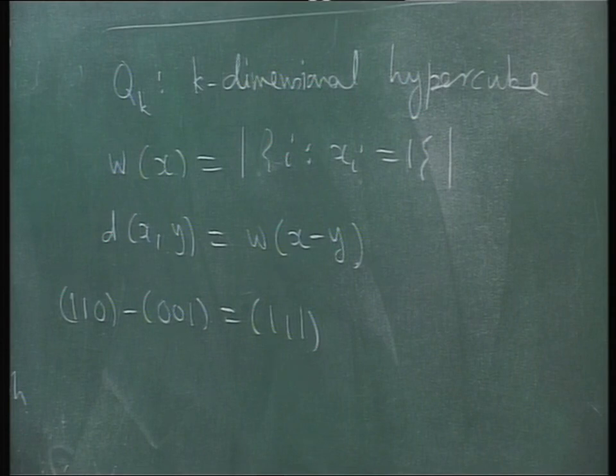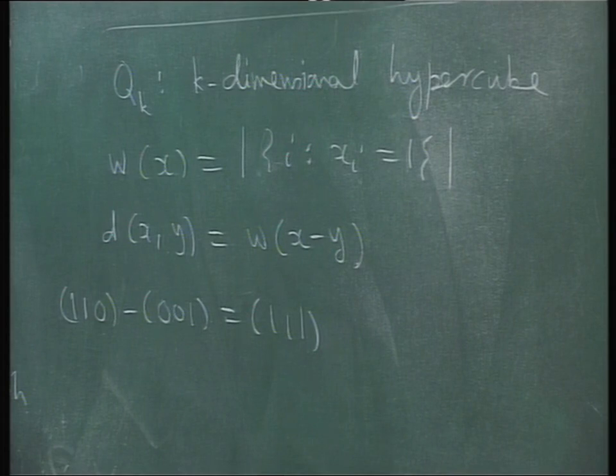If you now take all the vertices whose weight is even, as opposed to those vertices whose weight is odd, then no two vertices whose weight is even can be adjacent to each other.